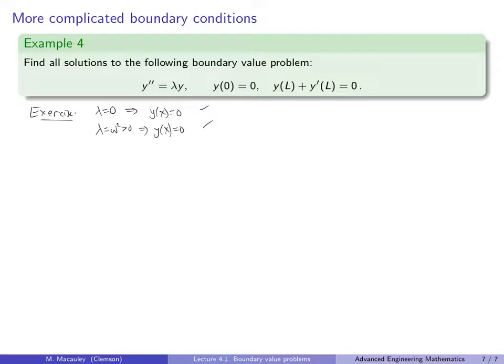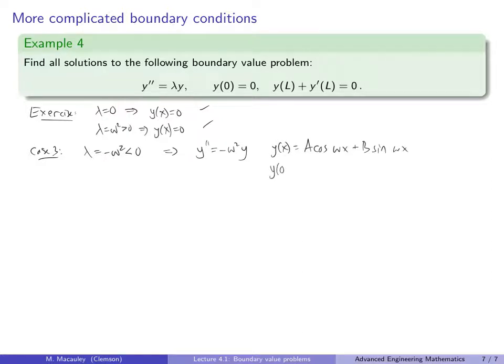So I'll let you check those. It's good practice. But we're interested in case 3. This is the interesting case. When lambda is negative, so let's say negative omega squared, now we get y double prime equals negative omega squared y. So you know the general solution to this. This is y of x equals a cosine of omega x plus b sine of omega x.